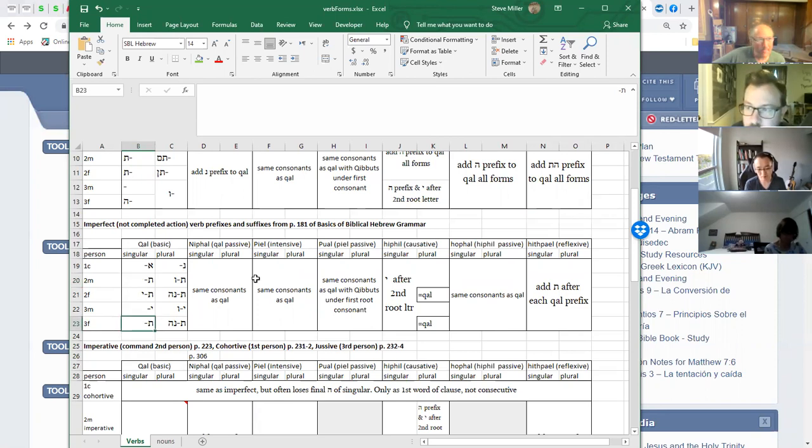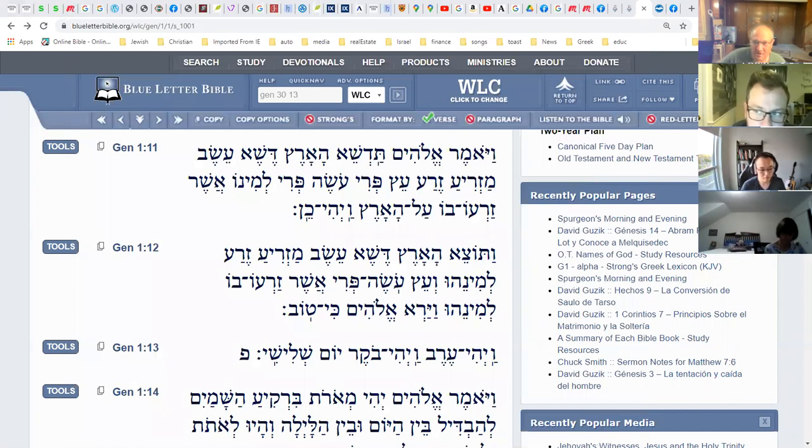So you have to look at the context then? Yes. Usually that's not ambiguous. Usually it's pretty clear which one it is. What is it? I would say it's third person feminine.